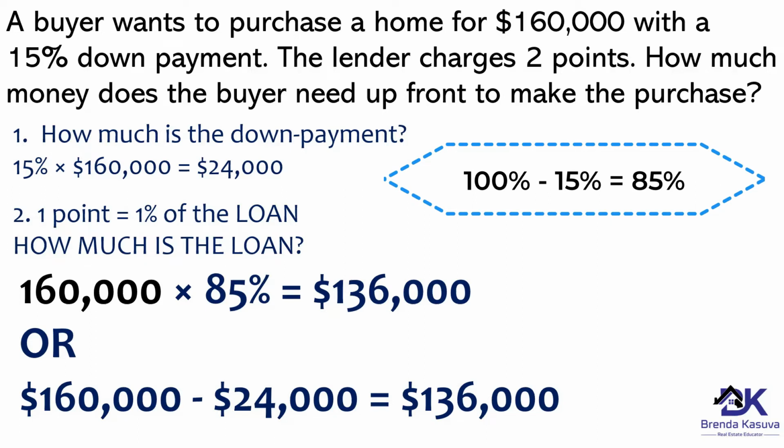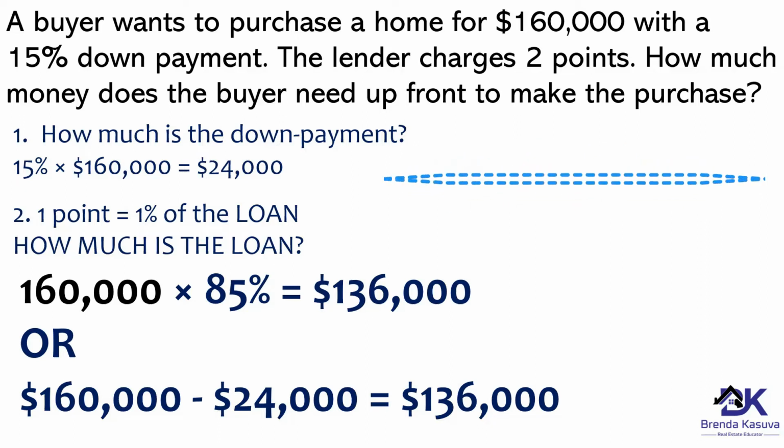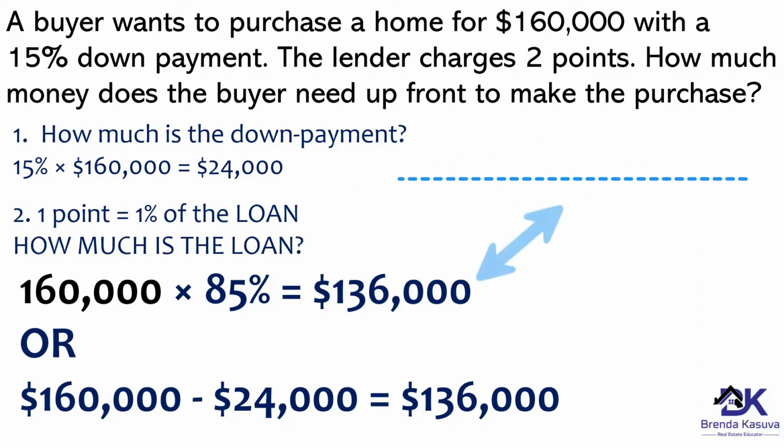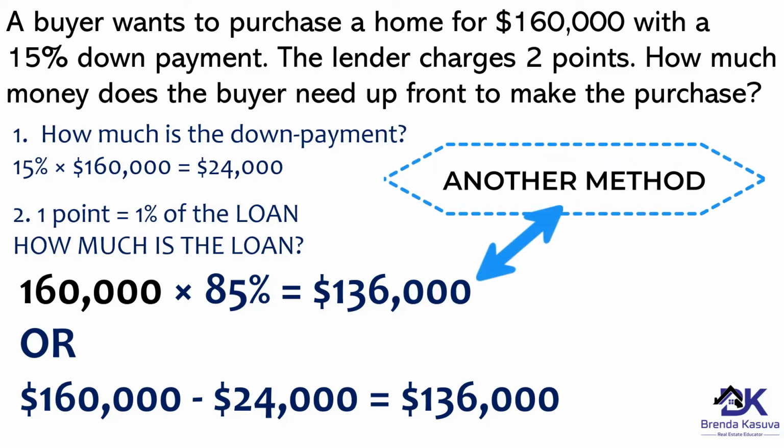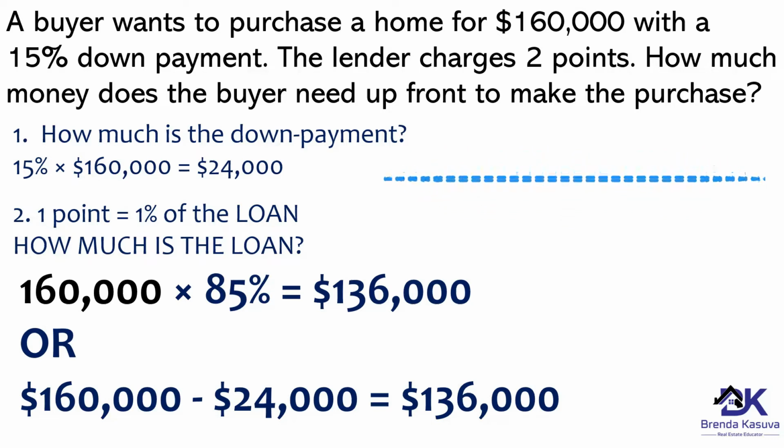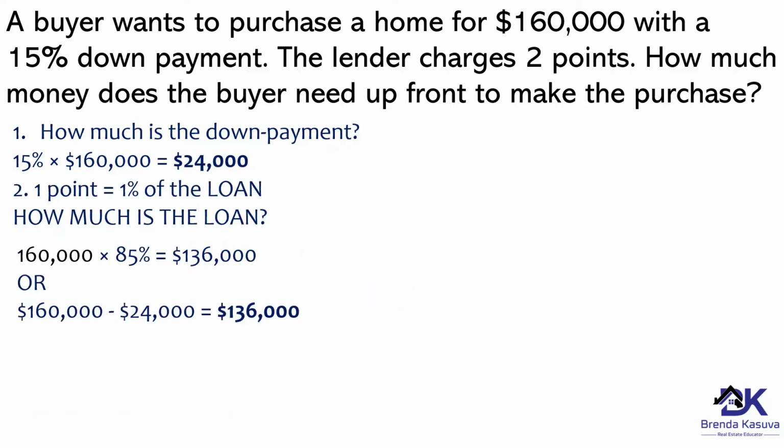Therefore, I'm borrowing 85%. So apply 85% to 160,000, gives me 136. Or some of us are going to deduct the 24,000, which is a down payment, to come up with 136,000.